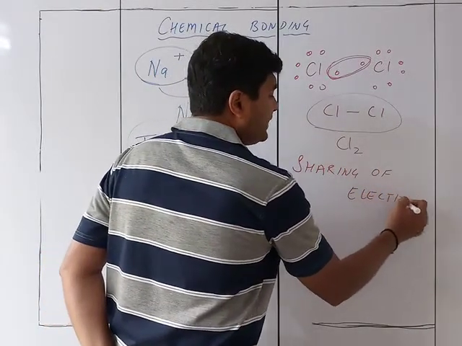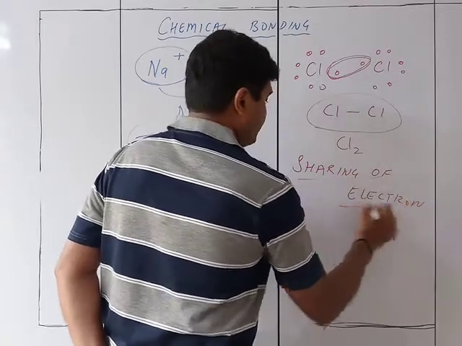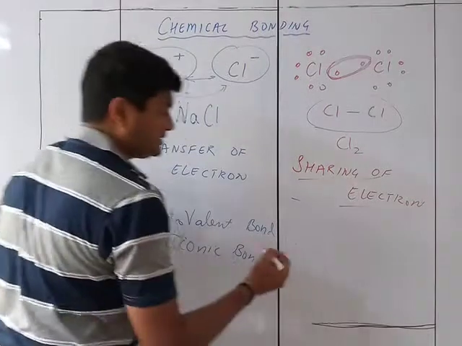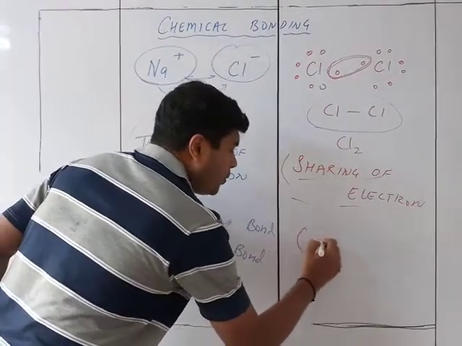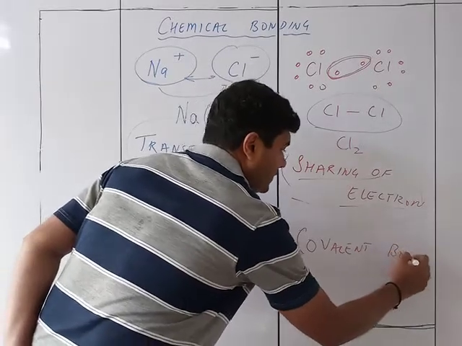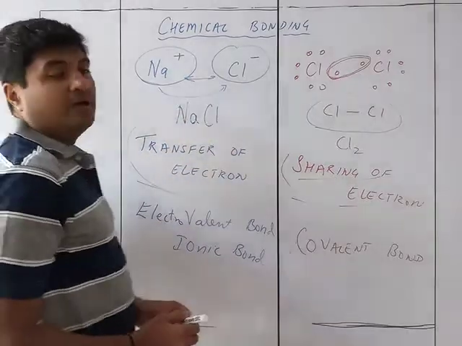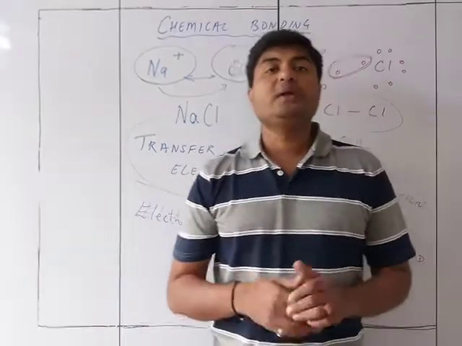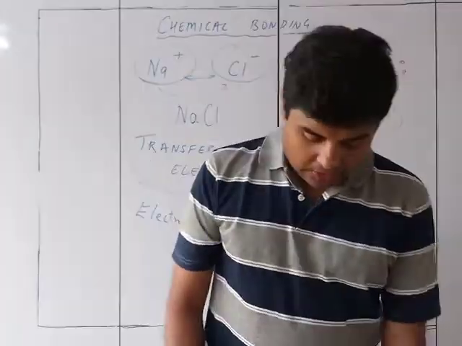And such a kind of a bond which is going to take place due to sharing of electrons is called a covalent bond. Okay, a covalent bond is a bond which is taking place due to the sharing of electrons between two atoms.